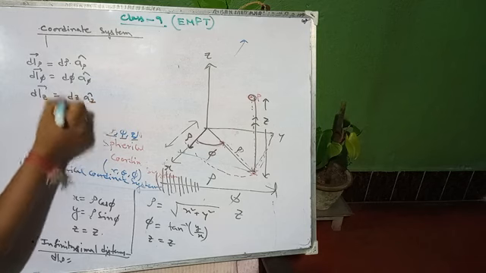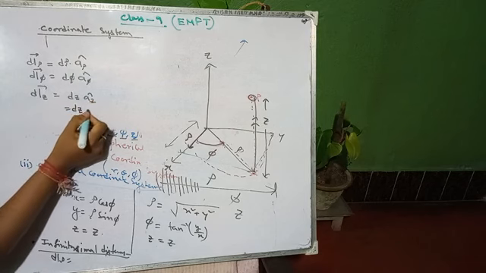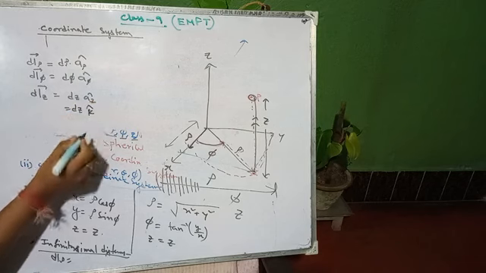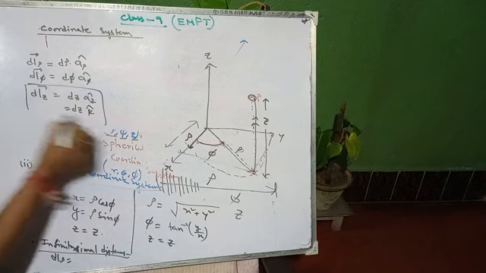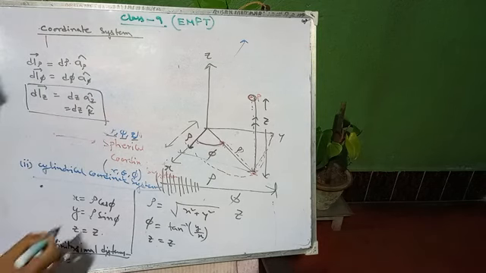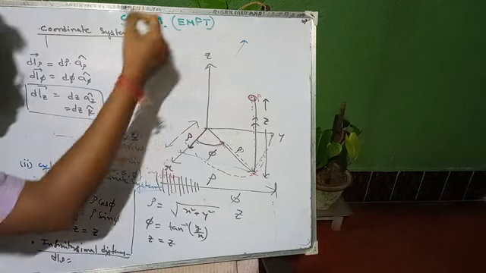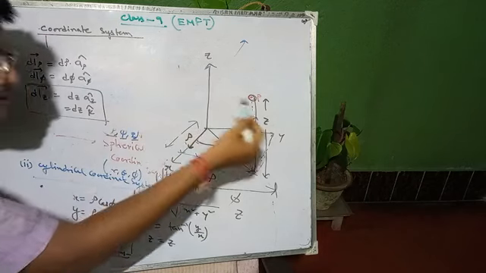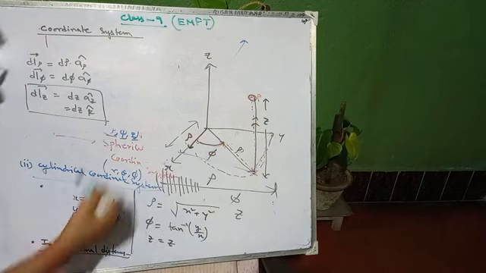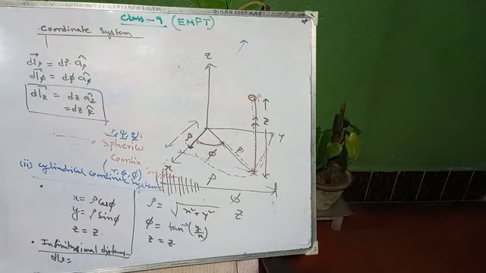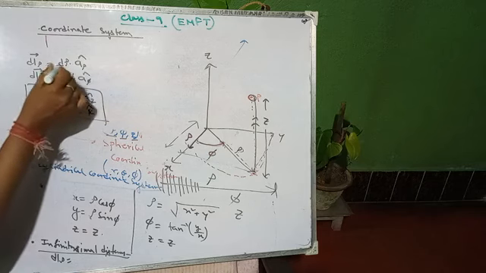And now I am telling you that dz into k cap will be exactly equal to dz into az cap. Why? Because last time I discussed that the z axis in the cylindrical coordinate system exactly reflects that in the rectangular coordinate system.